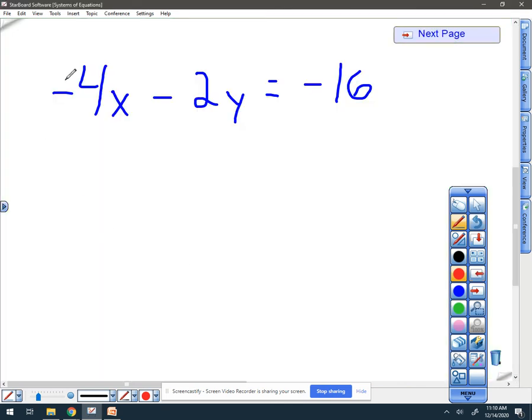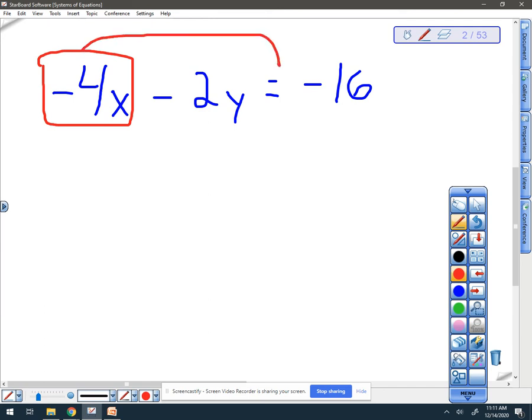All right, so we look at this and we go, I need to move this to after the equal sign. So then what's left over here? We have a minus 2y, so I've got negative 2y equals. If I move a negative 4x to the other side, it magically switches its sign.